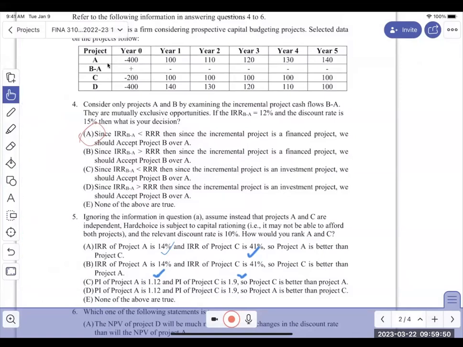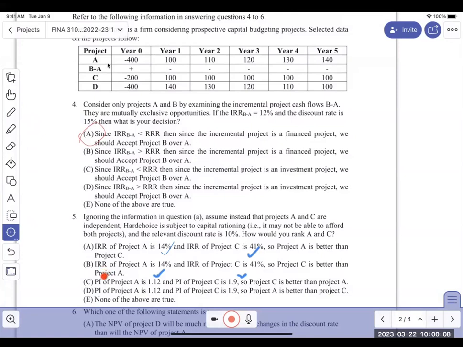No comments? Are you guys there? I would choose C or B. Okay, so let's go through them.